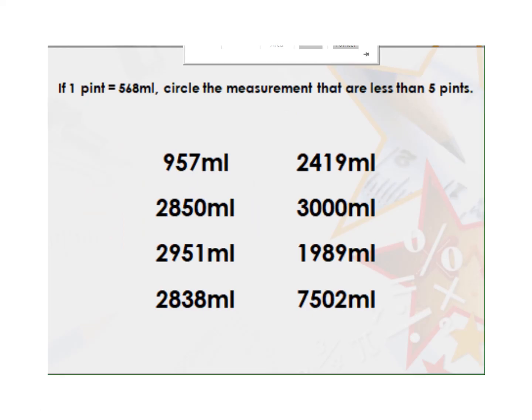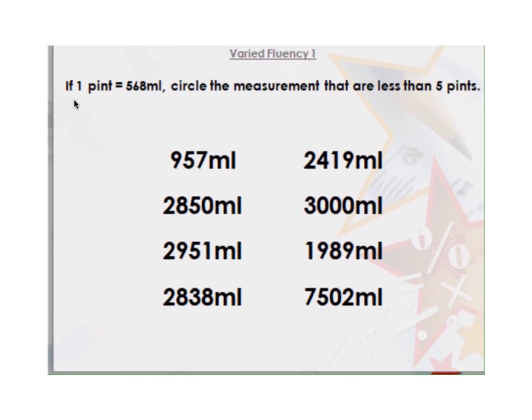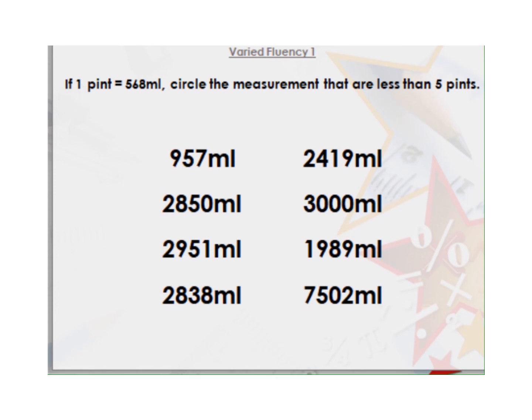We have been given the conversion rate of 1 pint equals 568 millilitres. We are to circle the measurements that are less than 5 pints. So the first thing we need to do is work out what is 5 pints. So we need to multiply 568 by 5.